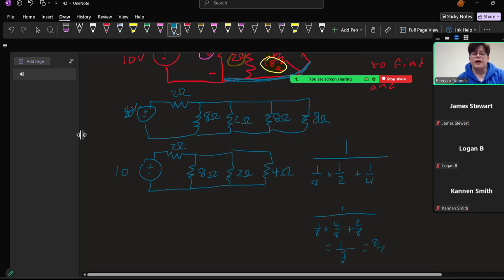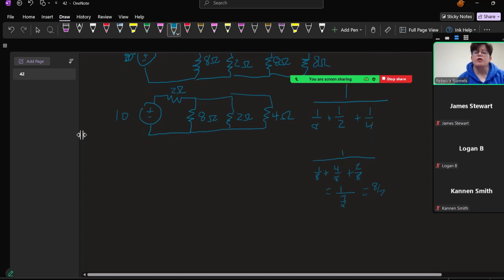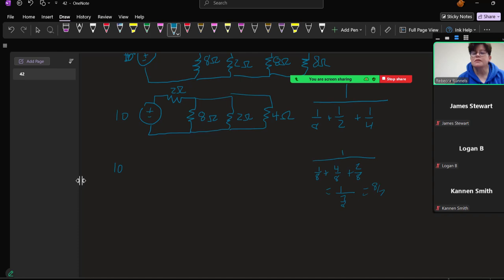And so my equivalent resistance for all of those is 8/7, which is like 1.14, I think. 1.143.